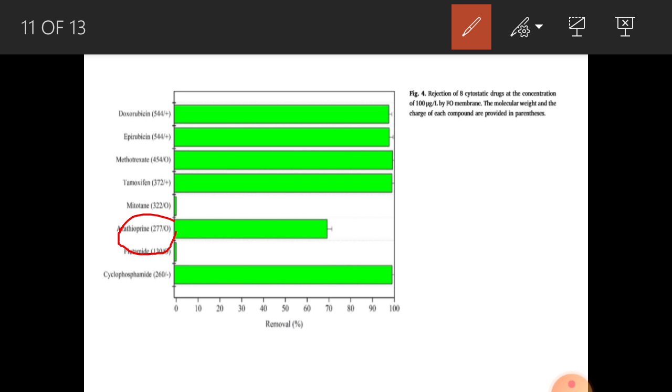So based on the above result, it can be concluded that the rejection of the forward osmosis membrane was a dominant factor during the removal of the compounds by the anaerobic osmotic membrane bioreactor, while the anaerobic biomass played a more important role in the removal of the other cytostatic drugs.